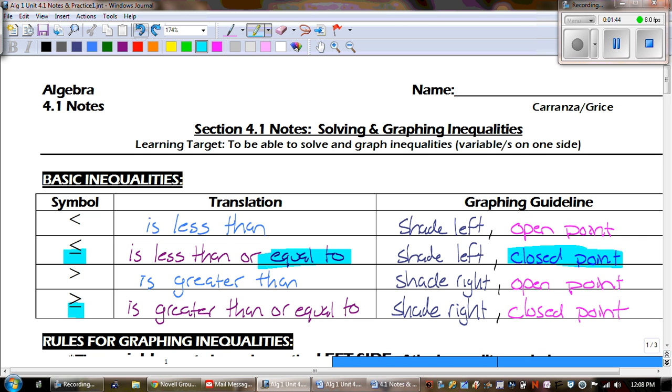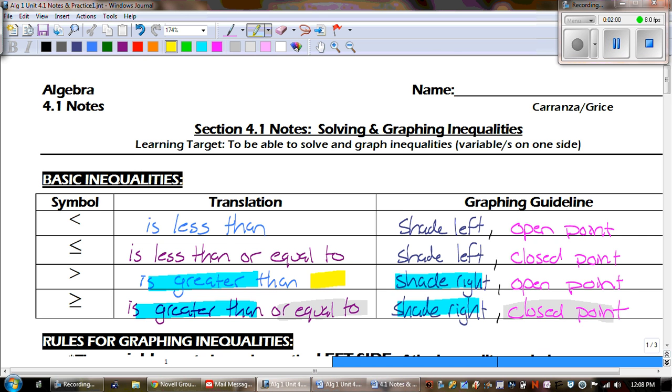So, next one is greater than. Greater, we're going to shade to the right. That happens with both of those. And the same thing when it's a or equal to, it's a closed point, and when there's nothing there, it's an open point.